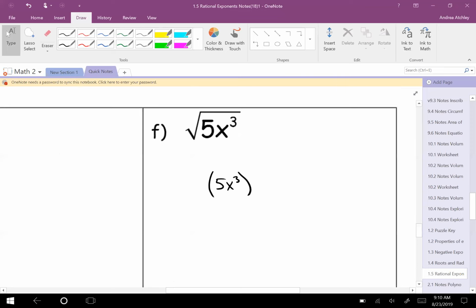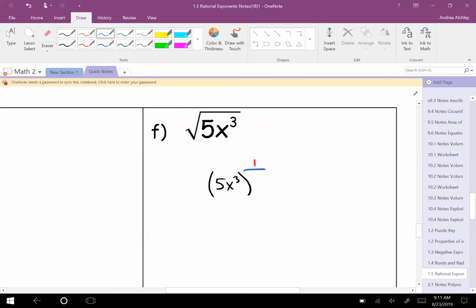Okay, then we need to know the exponent. Okay, what exponent is on the whole thing? The 3 has an exponent of 3, but what does the whole thing have an exponent of? 1. So the 1 is the exponent.